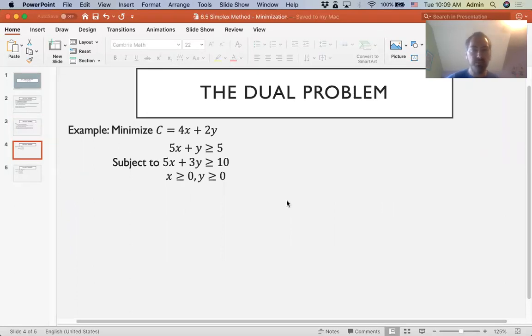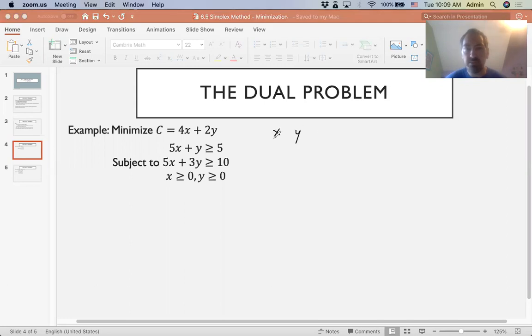In this example, we want to minimize the cost function, c equals 4x plus 2y, subject to the following constraints: 5x plus y greater than or equal to 5, 5x plus 3y greater than or equal to 10, and our typical constraints, x and y both have to be greater than or equal to 0. So starting this out, write this out as a table, listing out your x values, your y values, and that right-hand side, your constant.